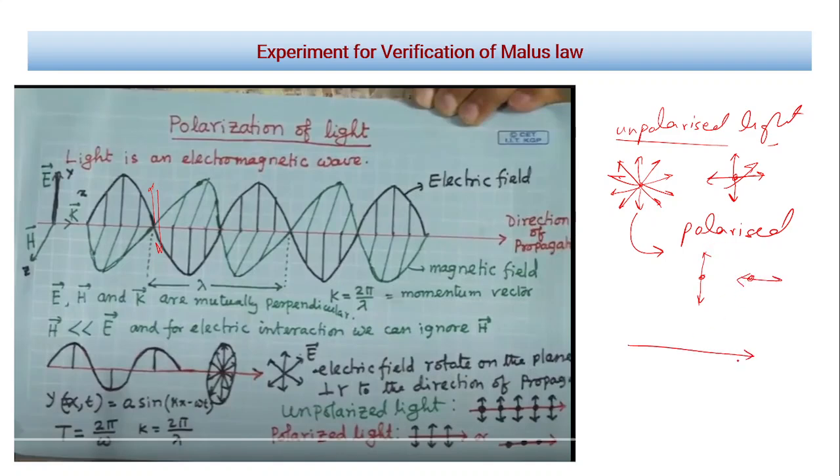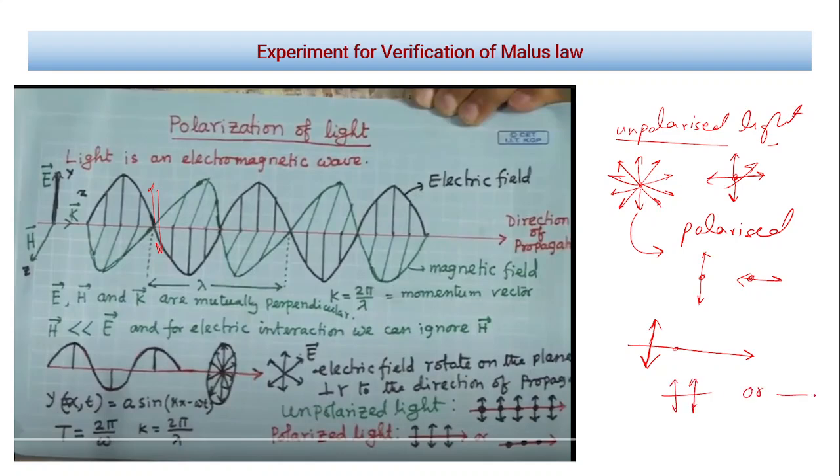Or if the direction of light is this, then we usually represent it like this, like we were doing here. Then the electric field vector is only varying in this particular direction, or only varying in the perpendicular direction, that is, going in and out of the screen.